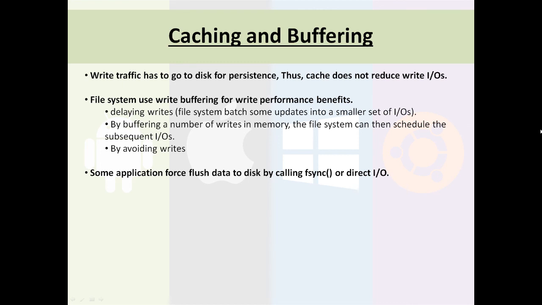So instead of writing individual chunks of information, they group them in order to perform a single write operation, which is obviously a lot more efficient. By buffering the writes in memory, the file system can then schedule subsequent input outputs and therefore reduce the number of write requests.